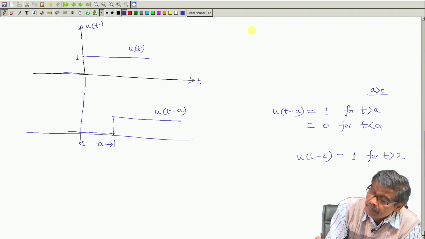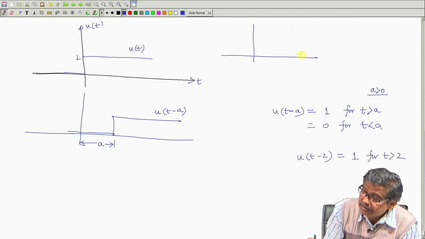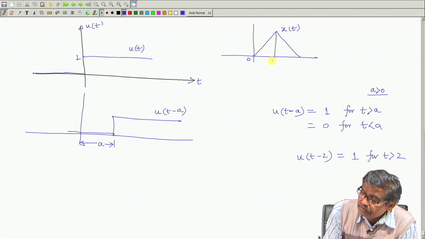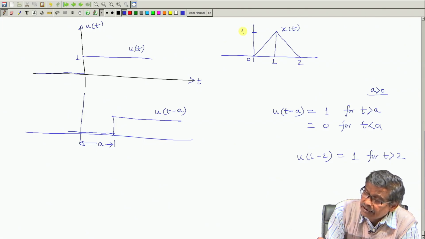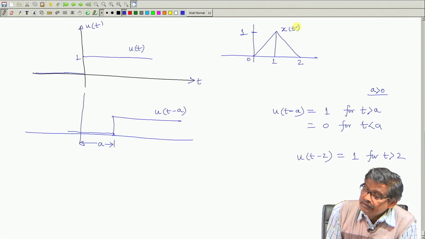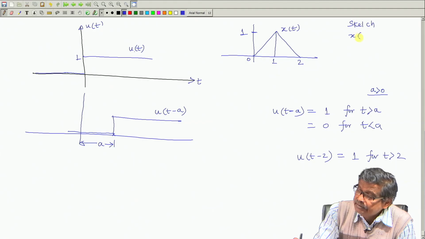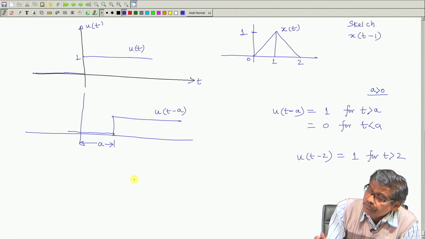For example, if you have a function like this, x(t), and this is suppose 0, this is suppose 1, this is suppose 2 and this is 1, a triangular pulse. If I ask you to sketch x(t minus 1), what should I do?